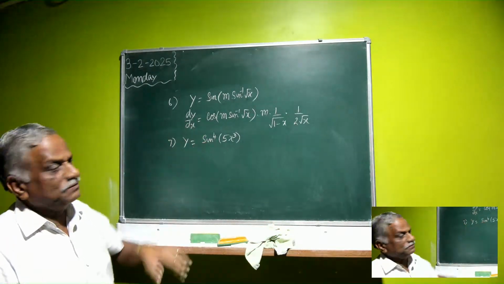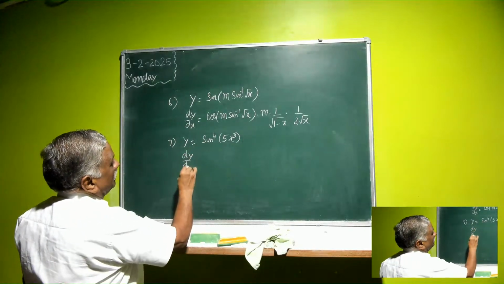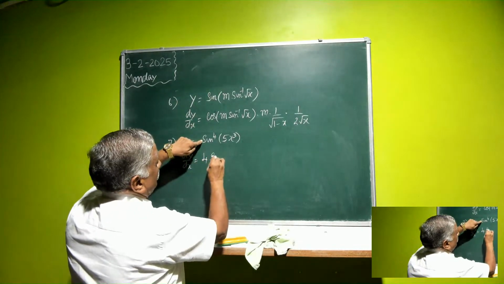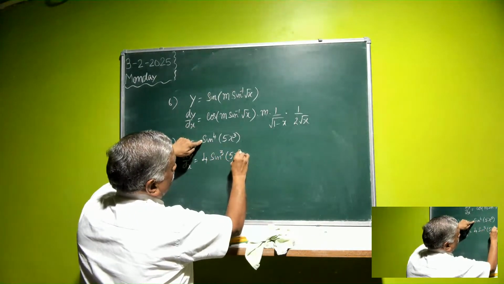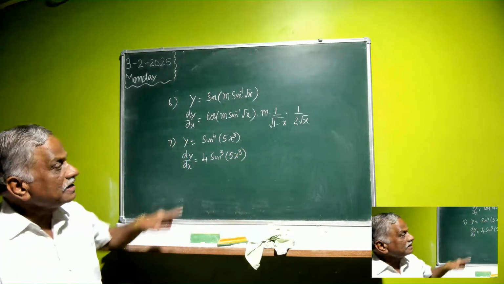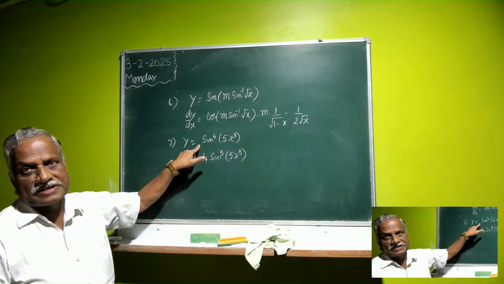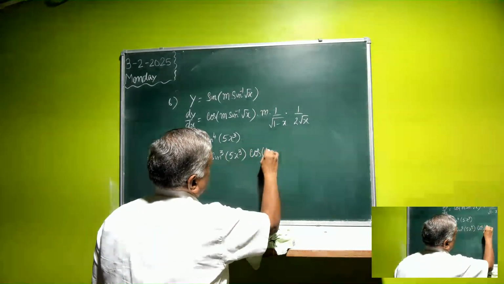The power you have to first differentiate. So dy by dx is equal to 4u cube, that is, you write 4 sine cube 5x cube. They are differentiated power only. Afterwards, we should differentiate sine. Sine is cos 5x cube.